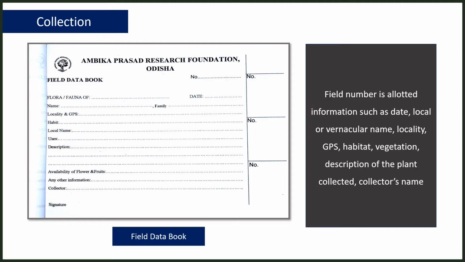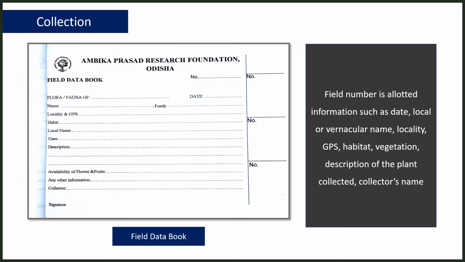So it is important to fill up the field data book, because many times it happens that after drying the plants, if you do not write down all these details, especially your plant characters, they might be lost after the plant gets dried.